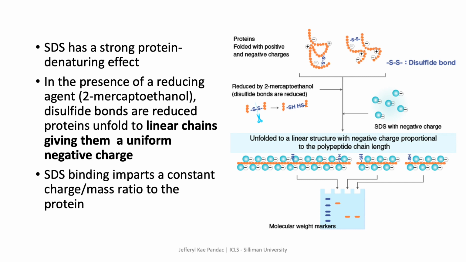In the presence of SDS and a reducing agent like 2-mercaptoethanol that cleaves disulfide bonds critical for proper folding, proteins unfold into linear chains with negative charge proportional to the polypeptide chain length. The binding of SDS to the protein molecules imparts a constant charge-to-mass ratio to the protein.